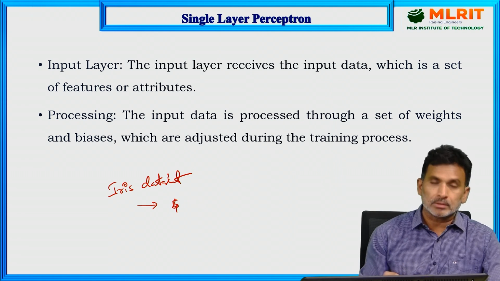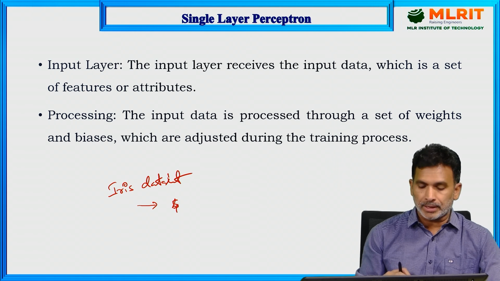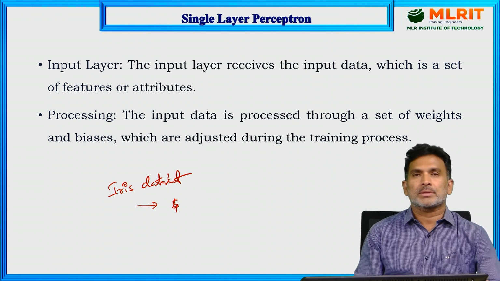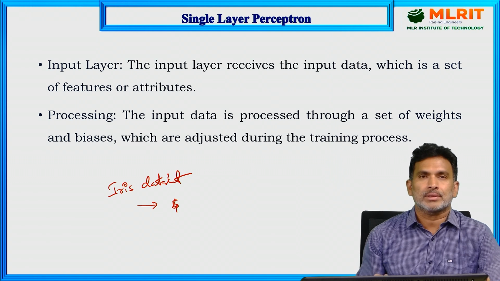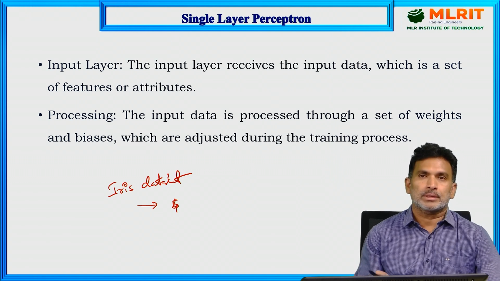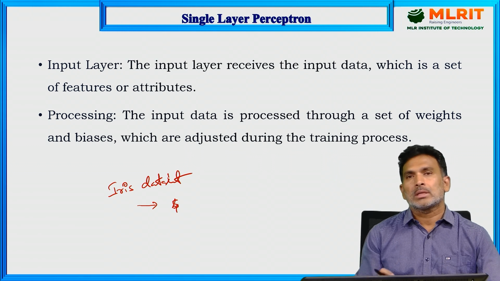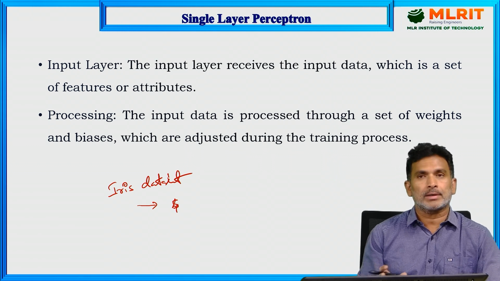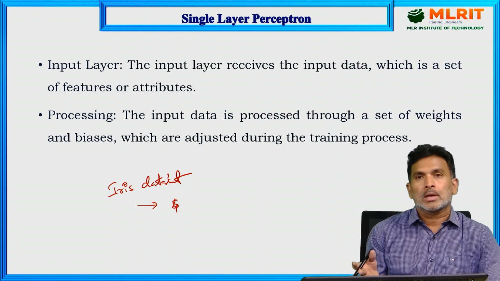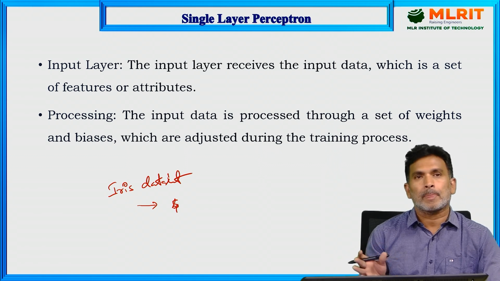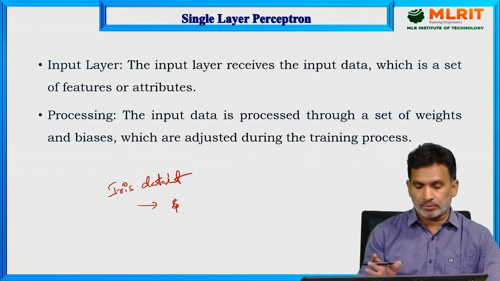Next is the processing: how the processing is done in this single layer perceptron. The input data is processed through a set of weights and biases which are adjusted during the training process. Why these weights and biases need to be adjusted during training, we will discuss in a couple of minutes, and I will recall that concept again, mainly the back propagation and the forward propagation.